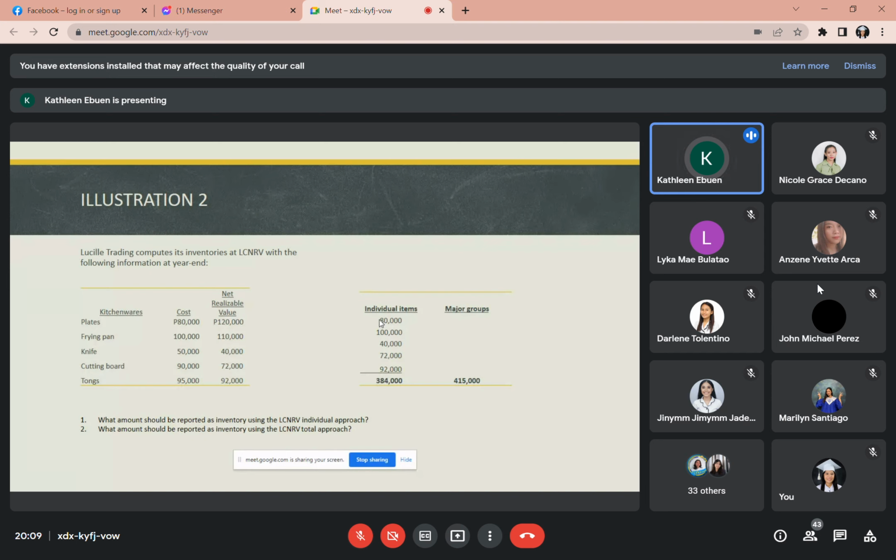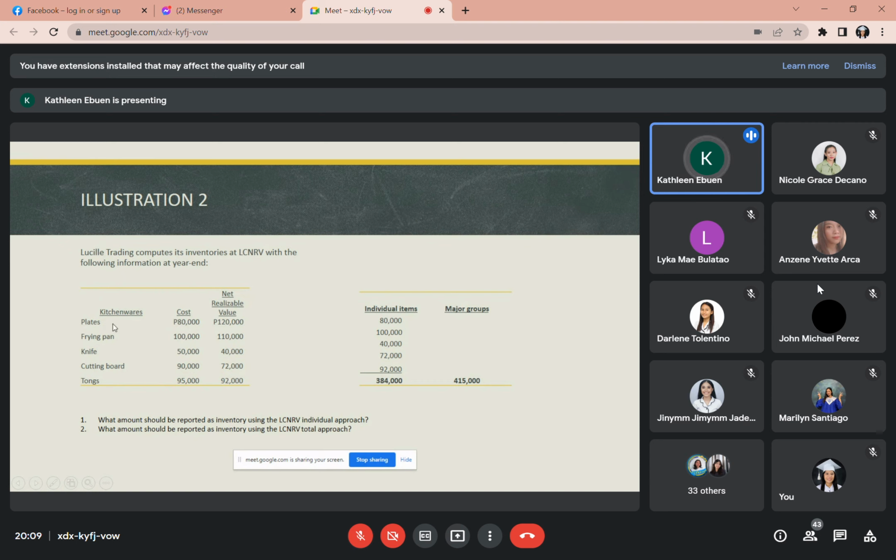Okay, so dito tayo sa illustration 2. Okay, the sale trading computes its inventories at lower of cost and net realizable value with the following information at year-end. So, tinatanong sa ating class, what amount should be reported as inventory using the LCNRV individual approach?